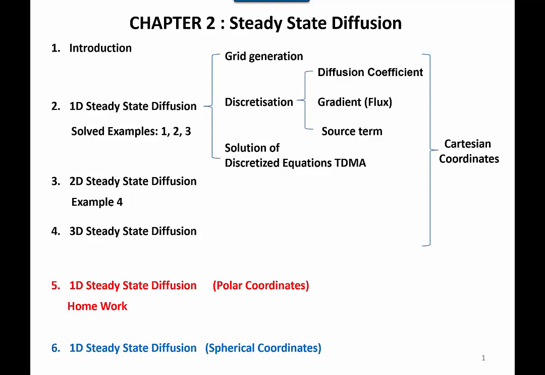We showed you how to generate a simple grid, and we discussed how the discretization process goes on, which included the explanation of what the diffusion coefficient is and what it represents, and also the gradient flux and the meaning of the source term. Then we studied the solution of this discretization process by using the TDMA, which is the tridiagonal matrix algorithm.